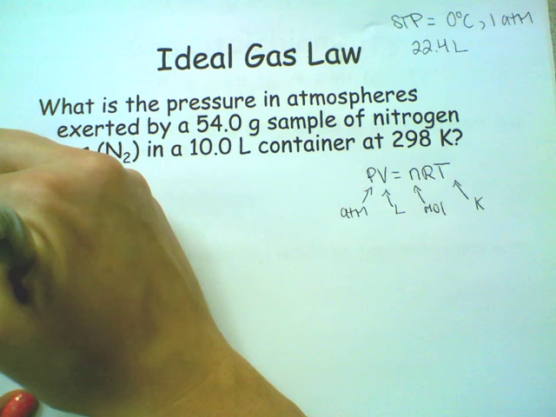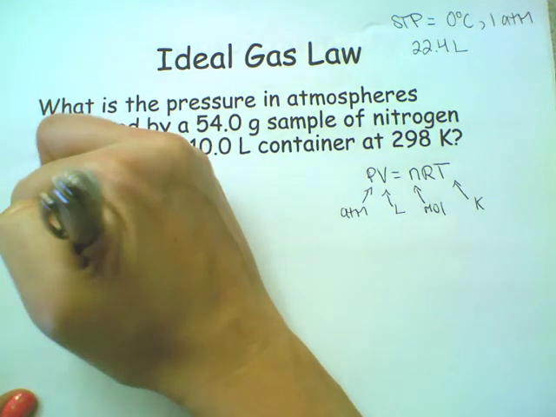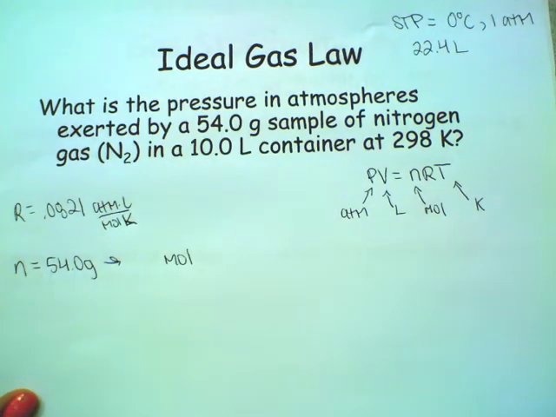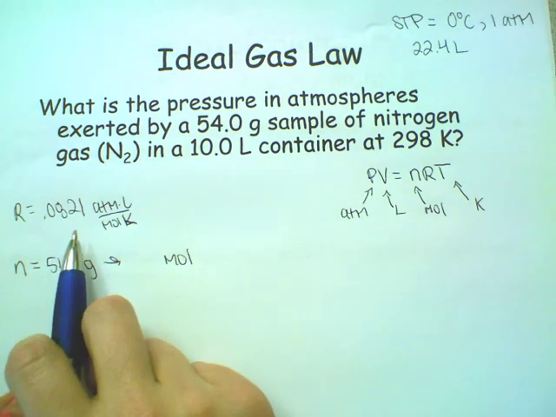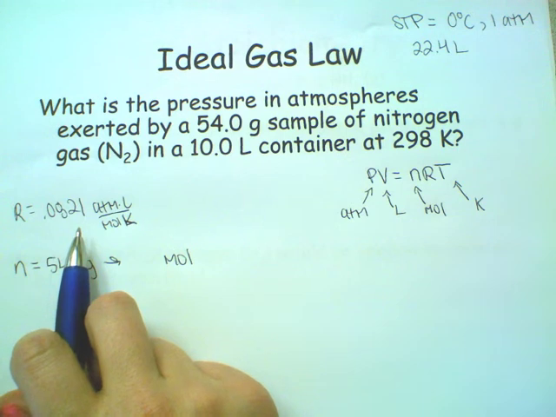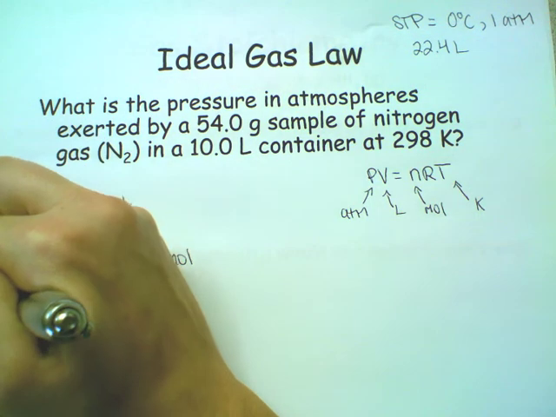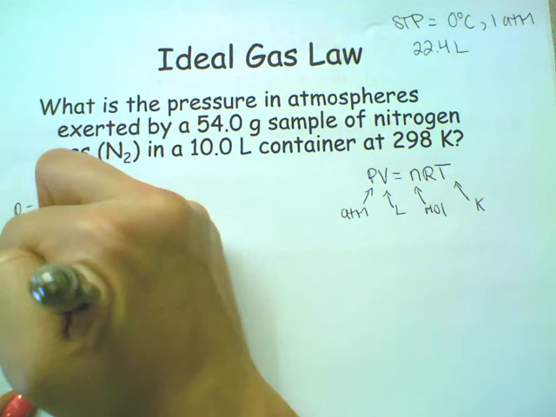Okay, so let's outline our information. The amount of the substance N is given in grams, which we already know we need to convert into moles. I'm going to make note of that right here because the equation calls for moles. We're always going to use the same value for R. There is another constant that we can use dealing with different pressure units, but for right now, let's just stick with atmospheres. And we are given the volume, 10 liters.